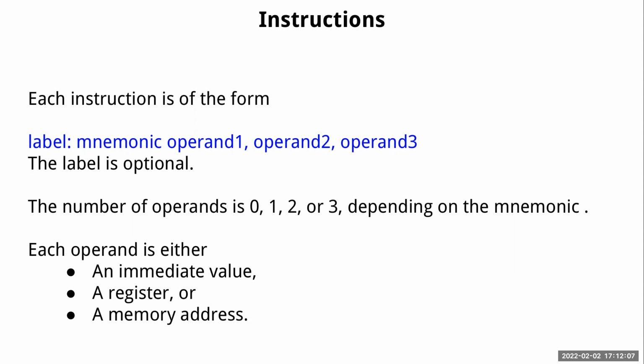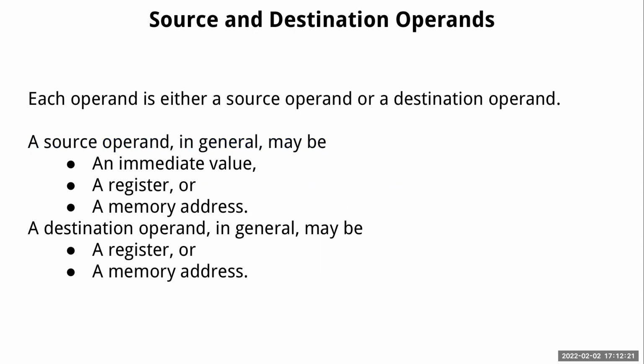Each argument can be a constant number or an immediate value, which means the same thing, or it can be a register. It can also be a memory address. Each argument is either a source argument or a destination argument. The source argument can be a constant, register, or memory address, but the destination can only be a register or a memory address, because you can only store something to a register or a memory location. It doesn't make sense to store something into a constant, right?